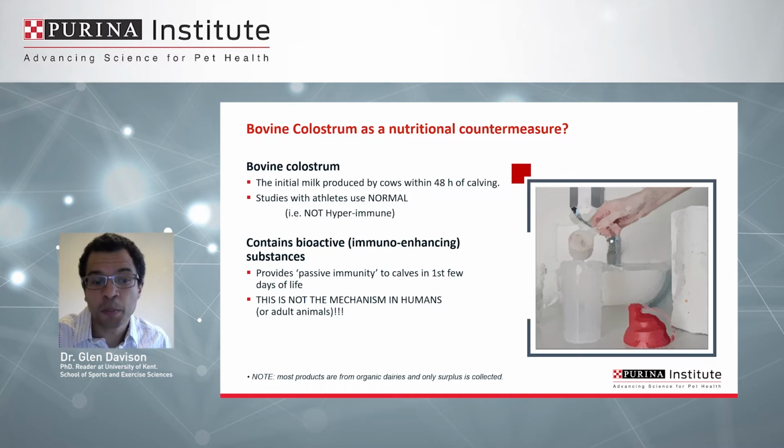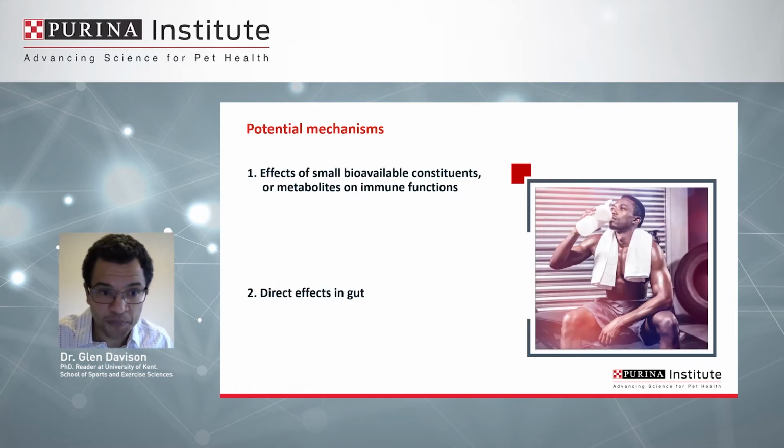And in fact, there are probably two other mechanisms that are responsible for this, which are primarily related to other bioactive and potentially bioavailable constituents that we find in colostrum. We actually find them in mature milk as well, of course, but the concentration is significantly higher in colostrum.